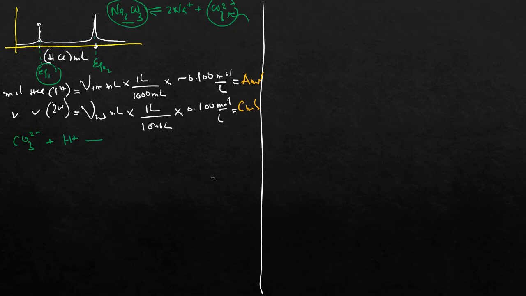Okay, so this, as I have already illustrated, will produce what? The bicarbonate ion at the first equivalent point. So the mole ratio of your acid to your carbonate is what? 1:1. So our mole ratio is 1:1.